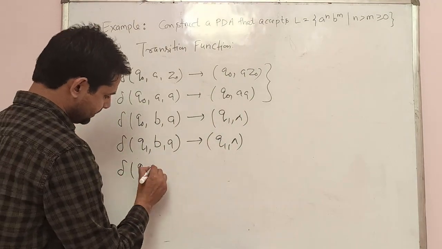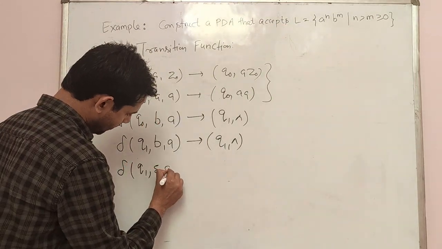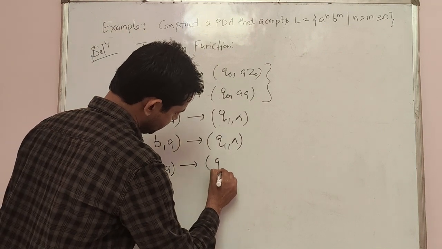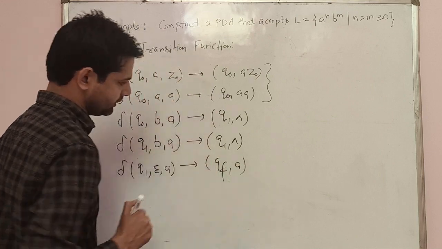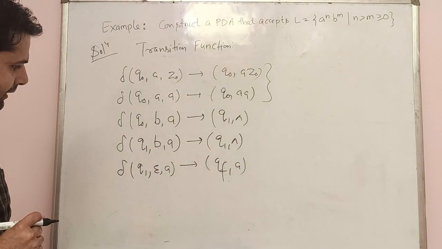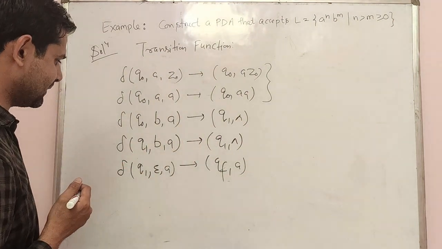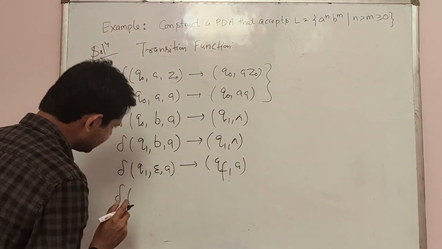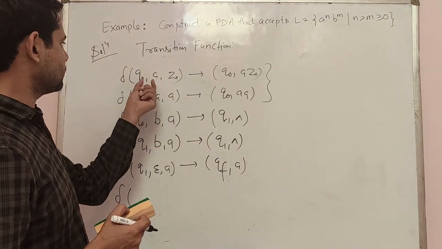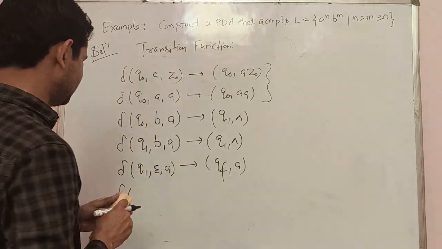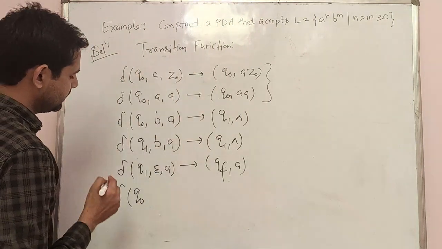If we don't have any B, the input symbol is null, and the stack top is A, then we can move to the final state, right? In that case we will not remove that A, we are just reading that A. One more case: if there is no B, and we have a single A in the string, then we move to the final state from the initial state.